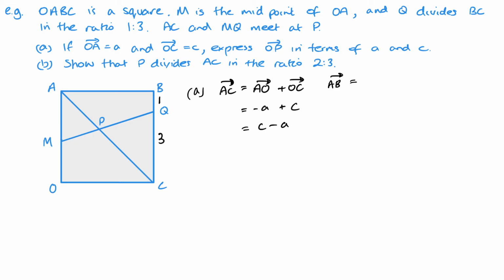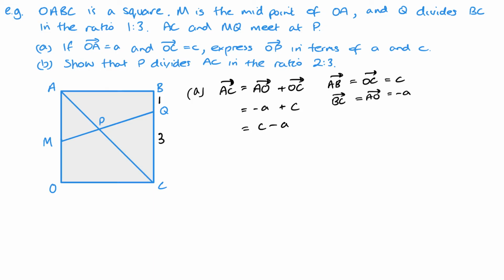Now AB first, if it's a square, AB is going to be equal to OC, which is C, and that's quite important, and BC is going to be equal to AO, which would be a negative A, if I'm thinking of that direction. Okay, so those are all going to be quite important as we move forward.